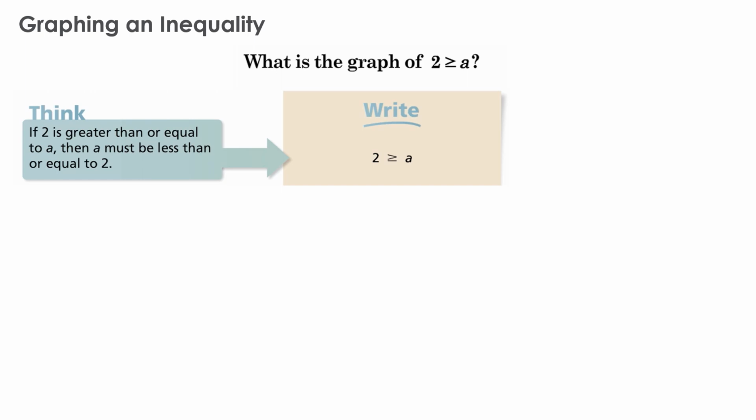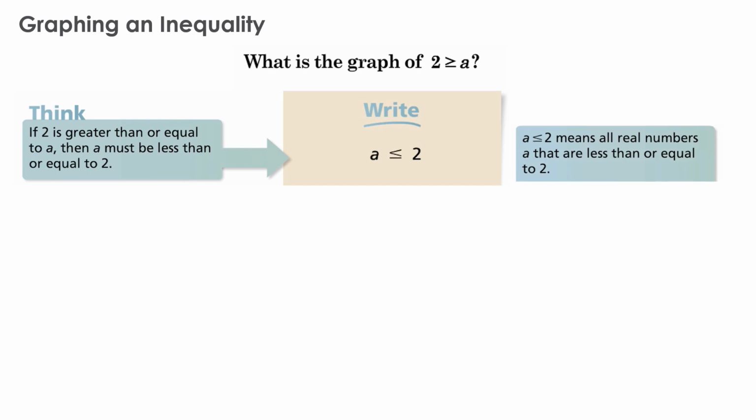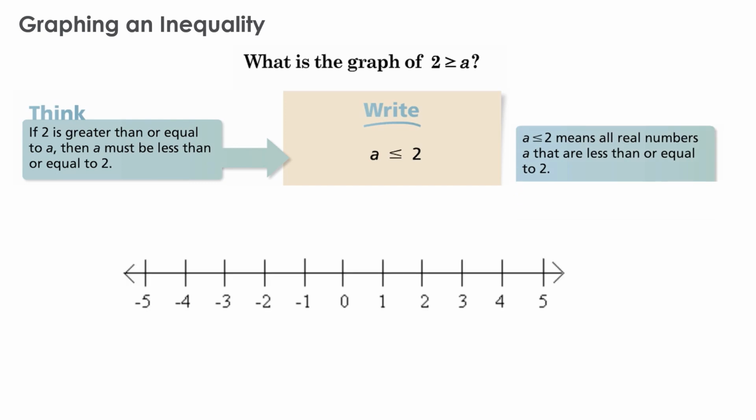It doesn't matter. You can rewrite it so it looks better or makes more sense. But if 2 is greater than or equal to a, then a must be less than or equal to 2, right? So we can write it like that, or we can write it like this. A is less than or equal to 2. It just makes it easier because when you go to graph this, you'll see what happens.